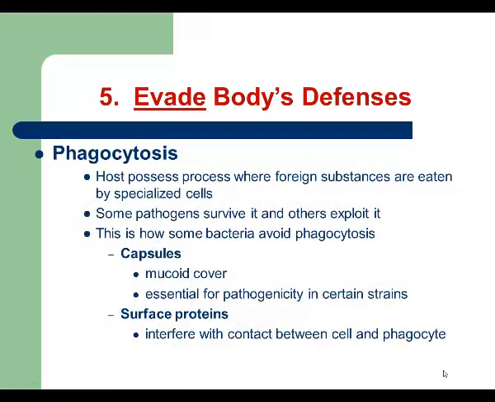The next virulence factor: pathogens have to be able to go around the immune system of the individual. Let's start with the major host defense against pathogens, which is phagocytosis. Before a phagocyte can phagocytize the microorganism, it must first come in direct contact with the surface of the microbial cell.